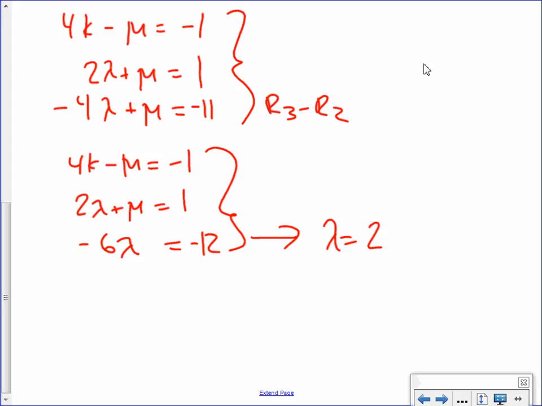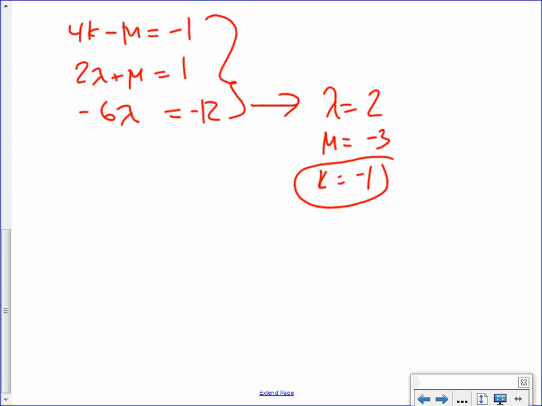Plug in 2 to here, so mu is 4, and k is negative 1. If you just pick the k, since k is negative 1, just plug it into that first equation.